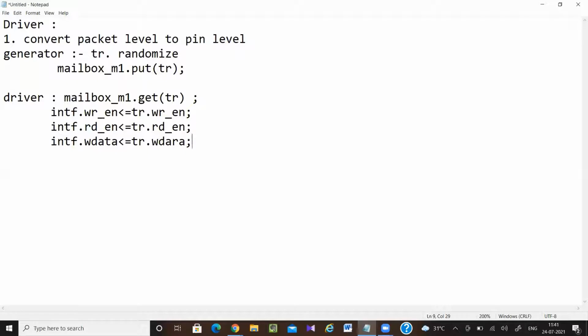So this is how I am converting. This is the packet format. Now it is assigned to the interface signals.